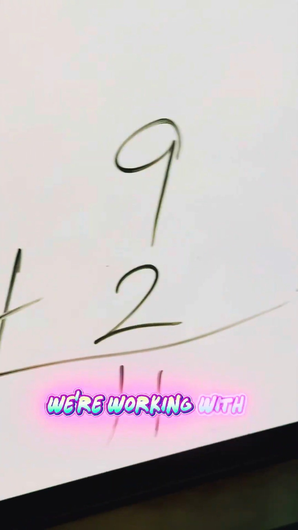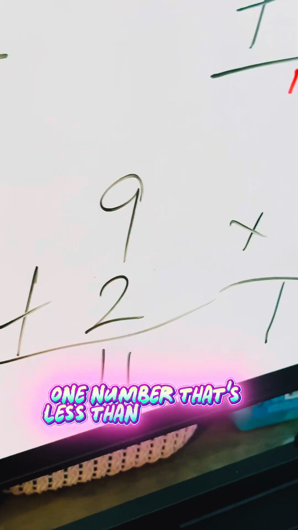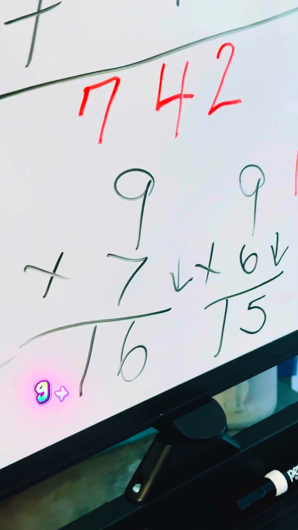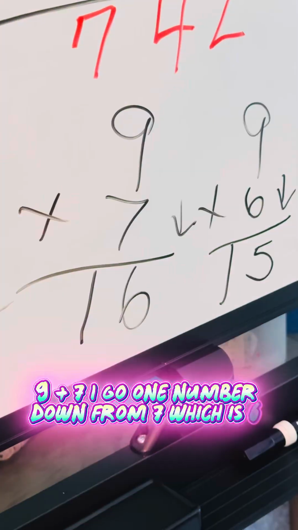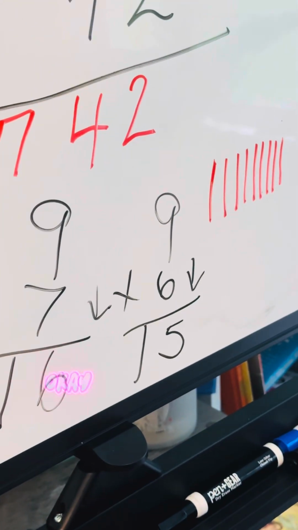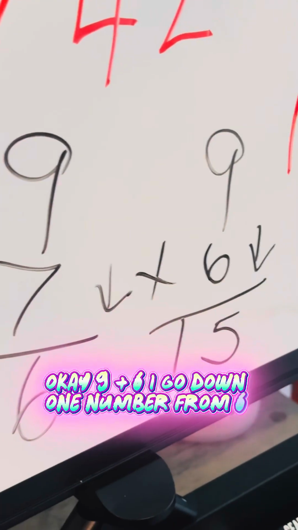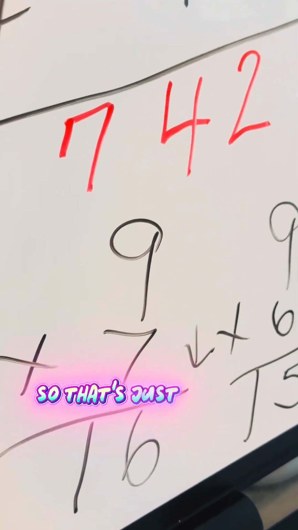This is only when we're working with 9s. 9 plus 2, one number that's less than 2 is 1, and then I add a 1. 9 plus 7, I go one number down from 7, which is 6, and I add a 1. Okay, 9 plus 6, I go down one number from 6, and I add a 1, which is 15. Okay, so that's just a quick way to do 9s.